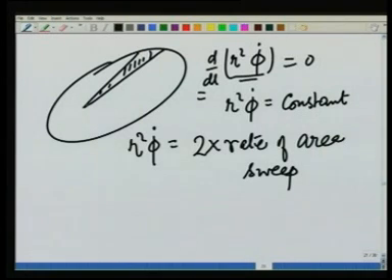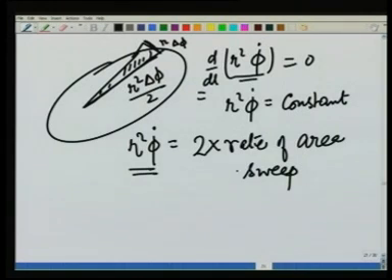That is, given r, this area you can see is roughly r square delta phi in time t divided by 2. This is r, this is r delta phi. So, the change of area in time delta t is r square delta phi divided by 2, divided by delta t, you get r square phi dot over 2 as the rate of change of area, and constancy of this implies constancy of rate of area sweep.